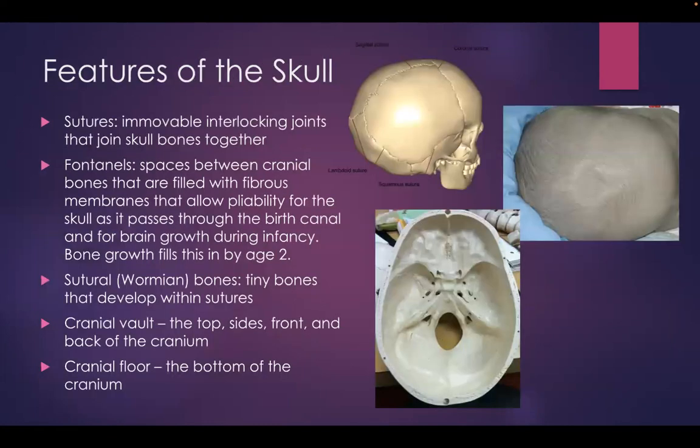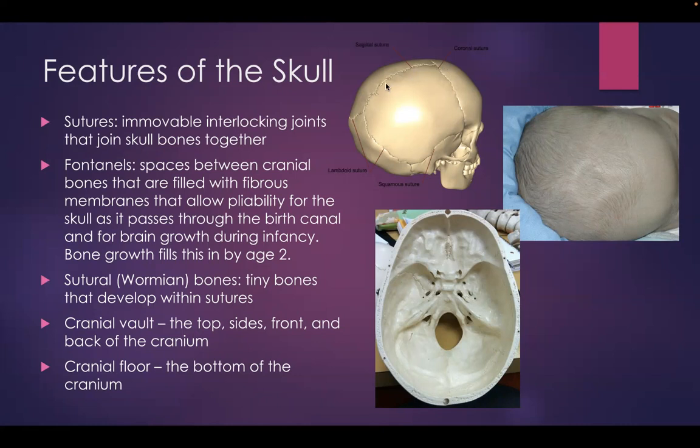There's different features of the skull, important to know. Sutures. Sutures are immovable joints that join skull bones together. You have the coronal suture. So remember when we talked about the coronal body plane, separating the body into front and back portions. Coronal suture, sagittal suture.